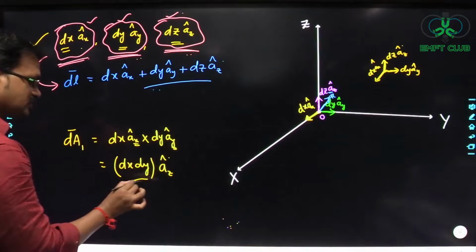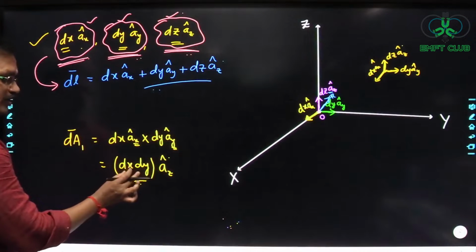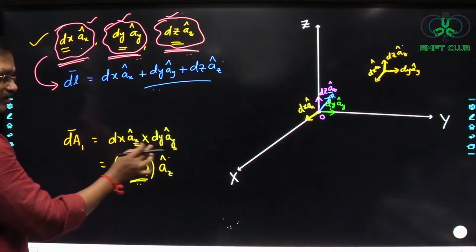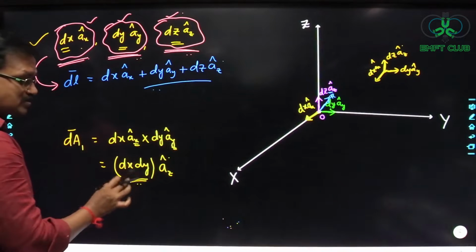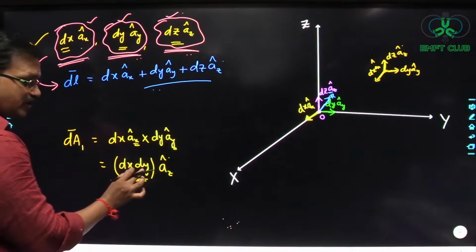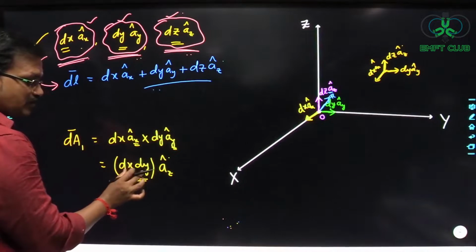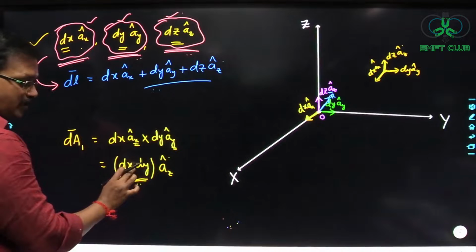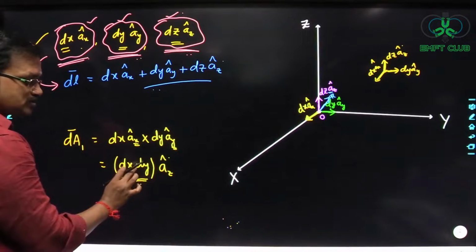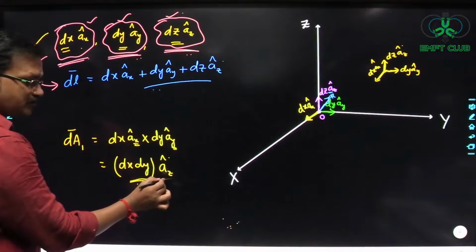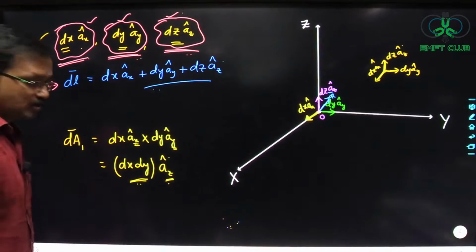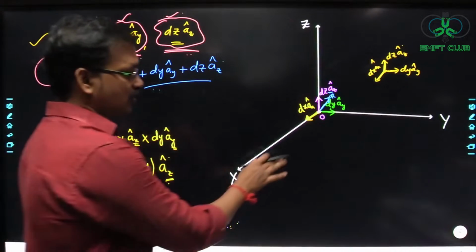So this dx dy represents the small differential area in which plane? In the xy plane. And the direction of this small differential area is given by the unit normal drawn to this area. If you draw the unit normal to this surface, it points in the az cap direction. So this is the xy plane.